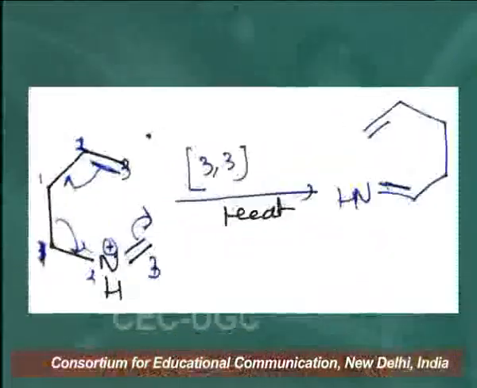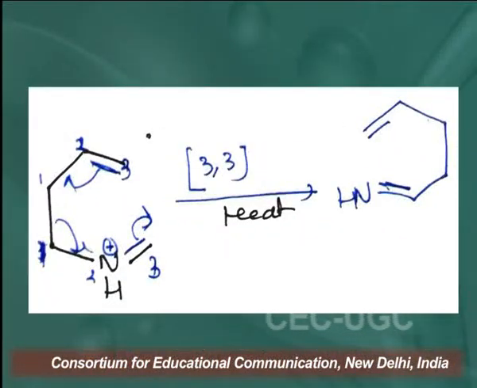You will find this is a 1,5-diene having a heteroatom: N is a heteroatom present in the 1,5-diene. Suprafacial 3,3 migration takes place and we get the isomerized product, that is an NH azo compound. We have a carbon and nitrogen with a double bond, so this is the azo group.